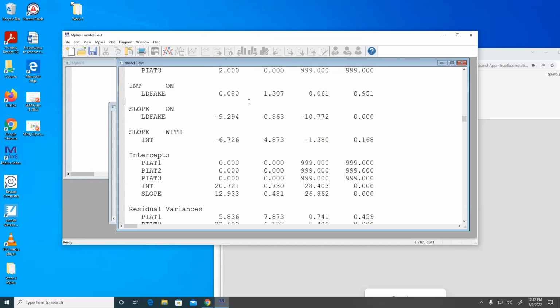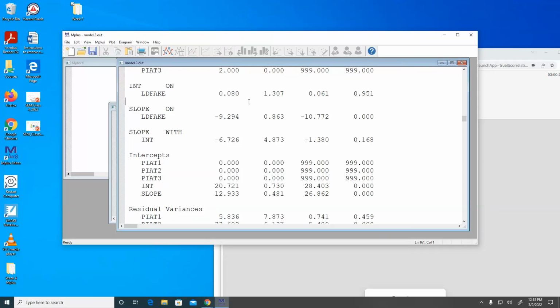Right? That's the differential. And so that means 12.93 minus 9.29 is, what do we got here? 3, right? So this differential is statistically significant, meaning there is a difference in the rate of growth between those with and without disabilities. Those with disabilities are growing significantly more slowly than those without.